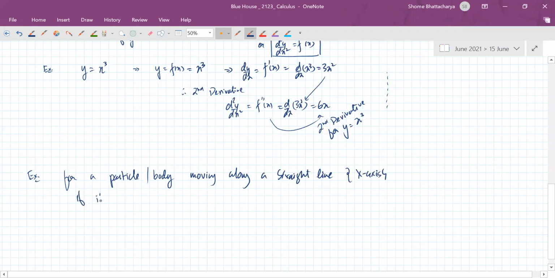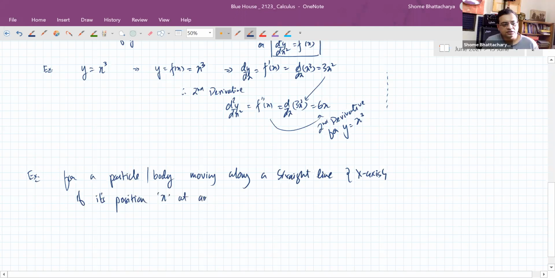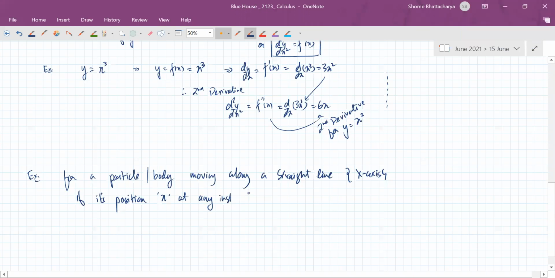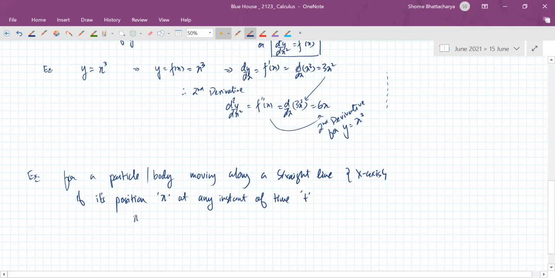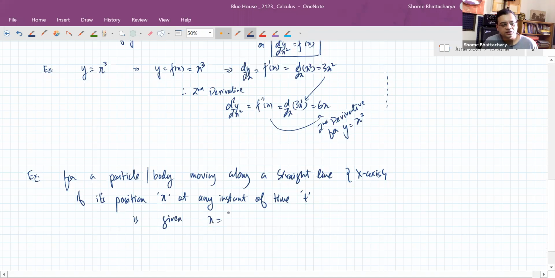If its position x at any instant of time t is given by some function, that x is some function of time. For example, we might have x equal to 5t plus 2t square. You can see obviously this is an example of a uniformly accelerated body, because the displacement is that kind of ut plus half at square function. So it's uniformly accelerated.